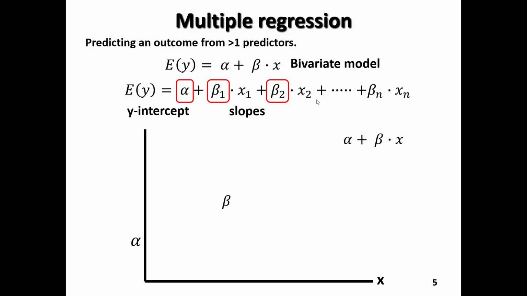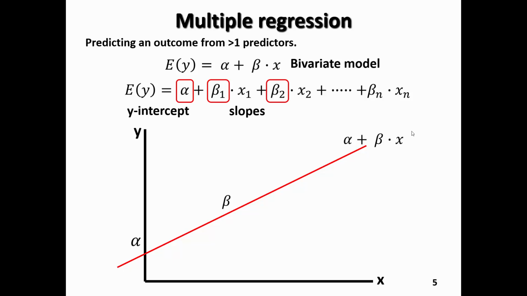And just to review the theoretical model here, once again this is an illustration of a single predictor. We have the predictor variable along the x-axis, the criterion or our outcome variable along the y-axis, and we have a line that we would just describe as alpha plus beta x.